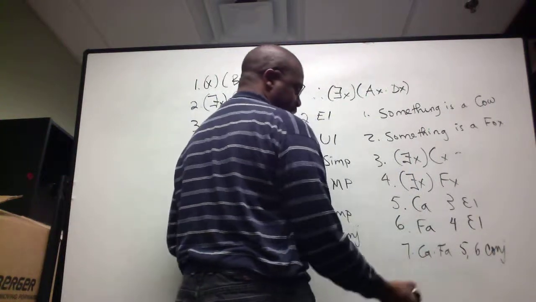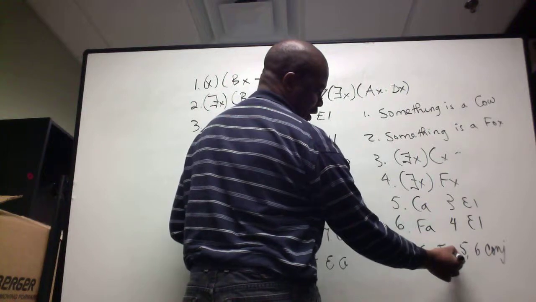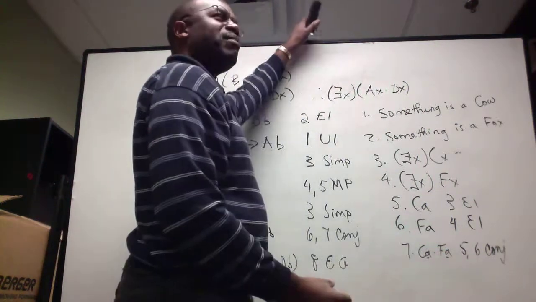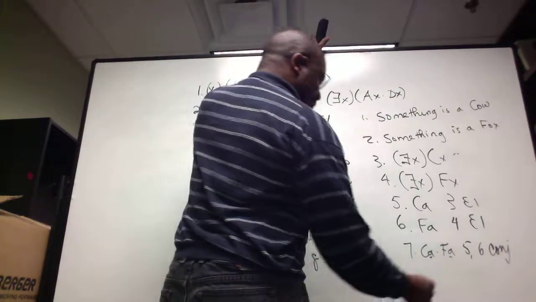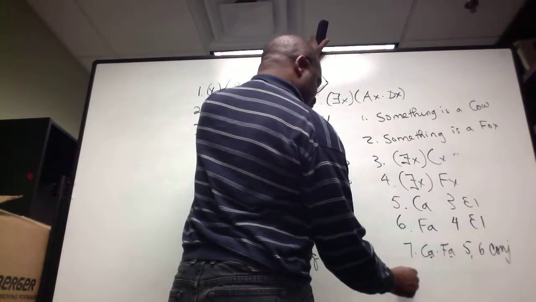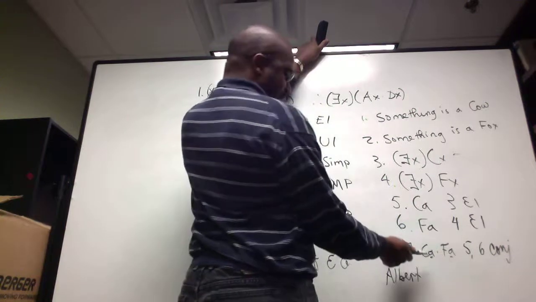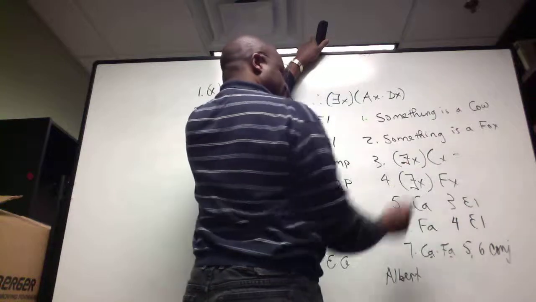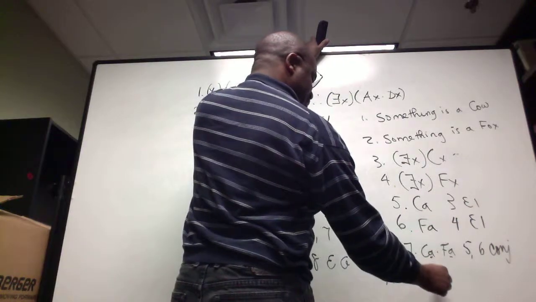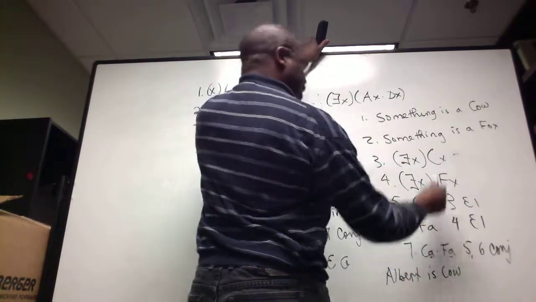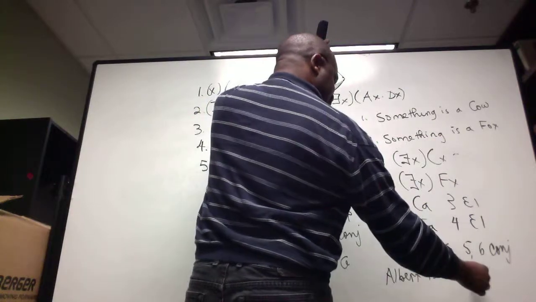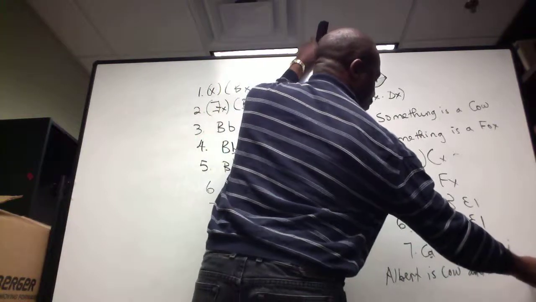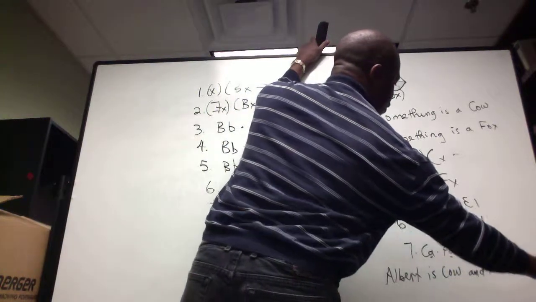And let me call this some name, a name like Albert. Since I used C to designate cow, I'll say that Albert is a cow, and then something is a fox. It will say that Albert is a cow and Albert is a fox. Of course, that's false.